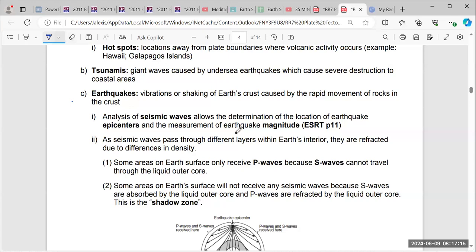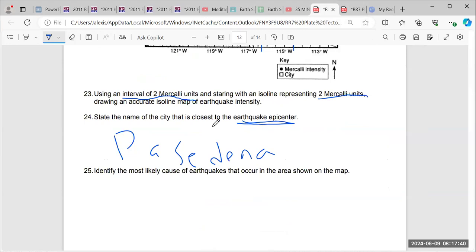It says right here, analysis of seismic waves allows the determination of the location of an earthquake's epicenter and the measurement of an earthquake's magnitude. So basically it was just emphasizing that tracking seismic waves will give us an idea of where the earthquake's epicenter is. That's the one thing I wanted to clarify.